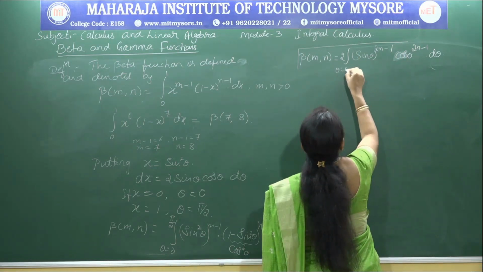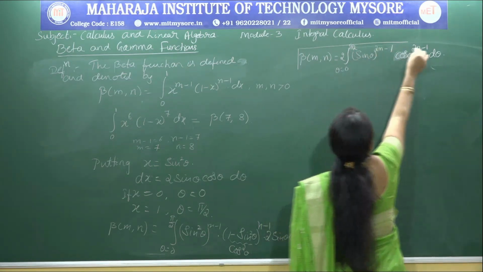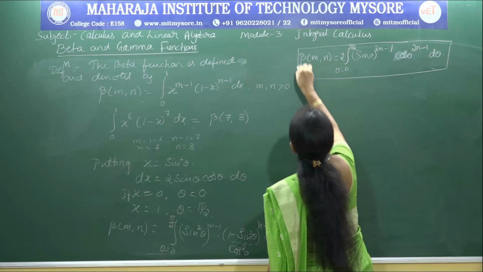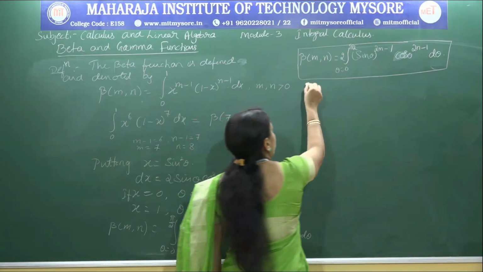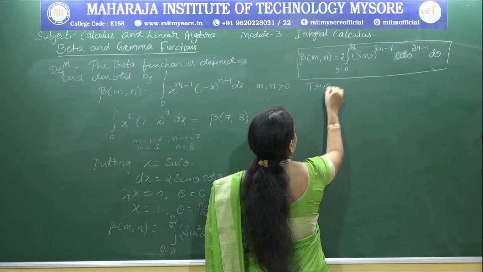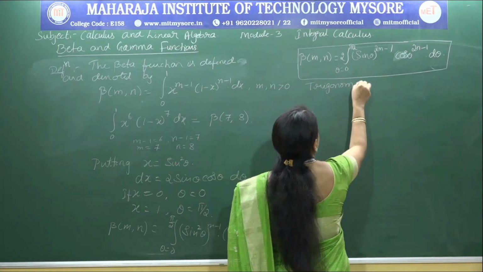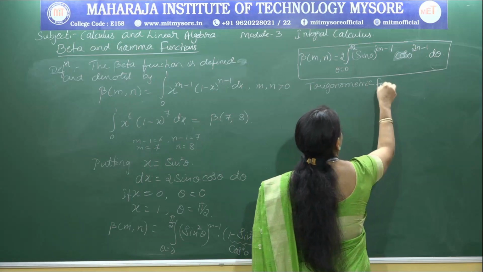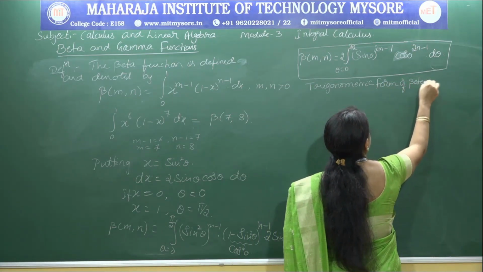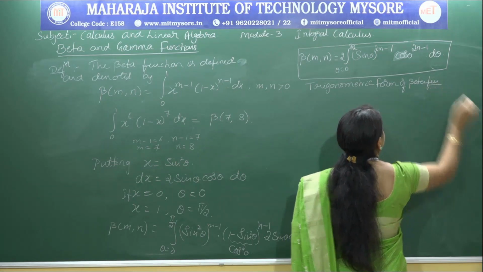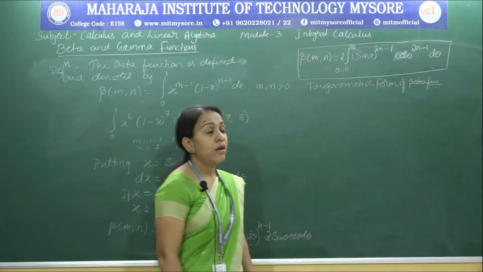Of course, theta varies from 0 to pi by 2, is known as the trigonometric form of the beta function, right?